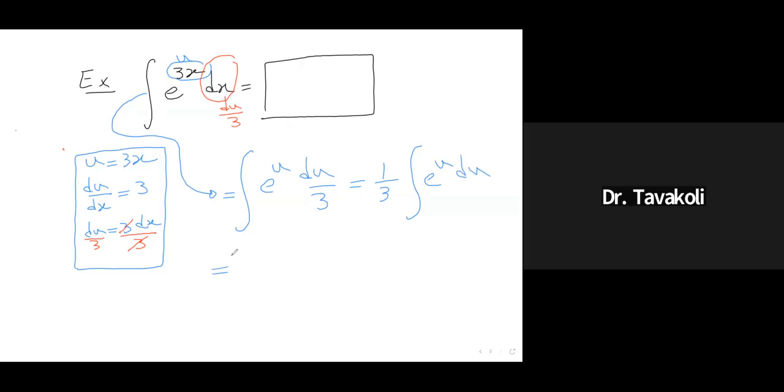As you know from Calc 1, and also I made a reminder in a previous video, antiderivative of e to the u is e to the u. Since it's an indefinite integral, that's going to be plus c at the end. The remaining step is just a back substitution. I replace u by 3x because u equals 3x. So here it is 1/3 e to the power of 3x plus c.